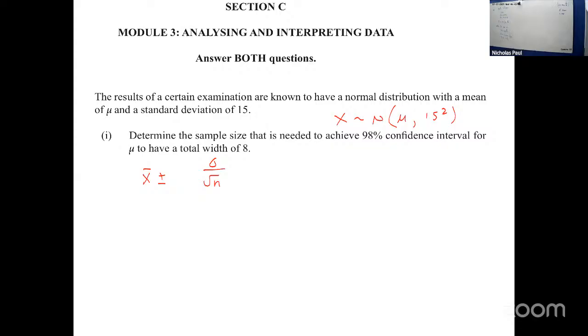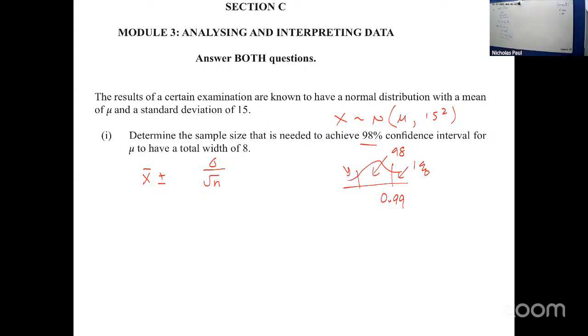The problem here is to get the critical value. Remember, we have 98% here, so here will be 1%, here will be 1%. So the value that we're going to read off is 0.99.